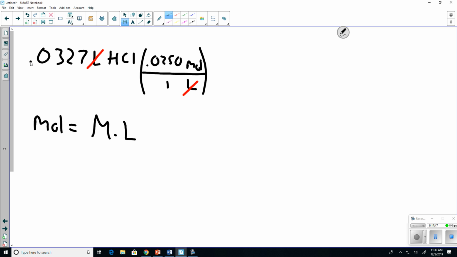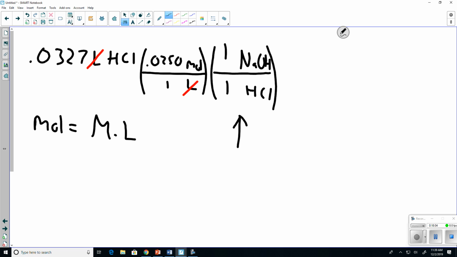Step 2 is I need to convert to NaOH from HCl. In this particular equation, it's a 1-to-1 ratio. I actually had the equation earlier in the notes, that's why I didn't rewrite it. But this is your stoich step, and why you should have a balanced equation.